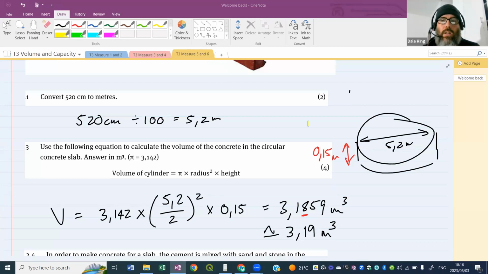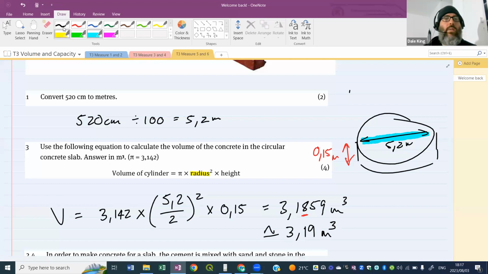Isona, you there? Can I ask why are you dividing 5,2? Very good question. That's the first thing that Kagiso said. She said, "Sir, make sure that you divide by 2." So you'll see here the formula says radius. And in our circle, is this line here a radius or a diameter?